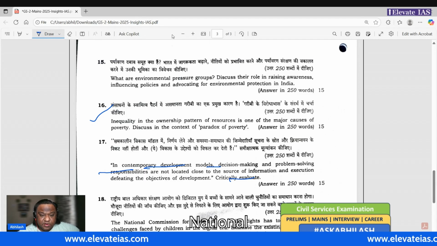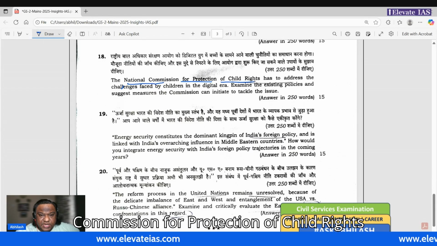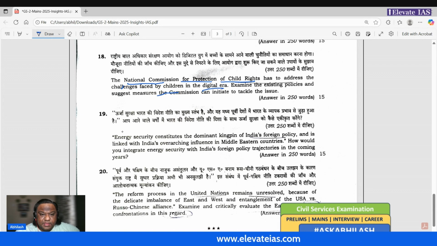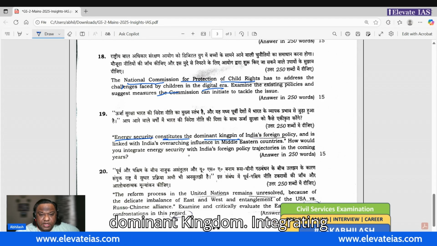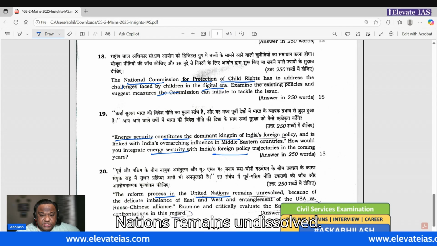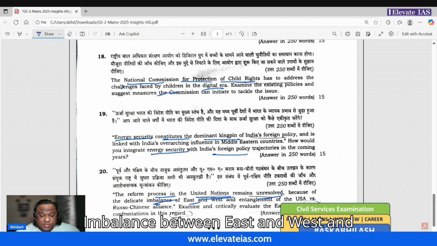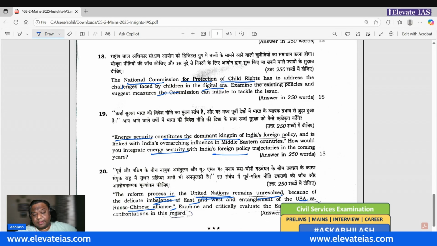Then the National Commission for Protection of Child Rights in the digital era. Then energy security constituting the dominant kingpin: integrate India's energy security with India's foreign policy. The 20th question is that the reform process in the United Nations remains unresolved, with imbalance between East and West, and the energy entitlement of the USA versus the Russo-Chinese alliance.